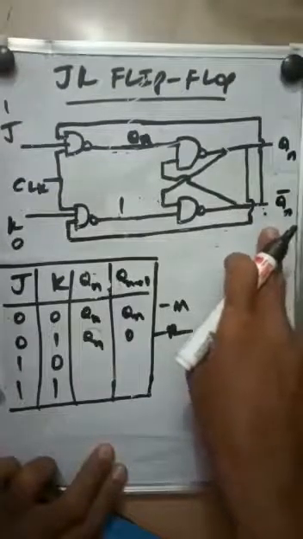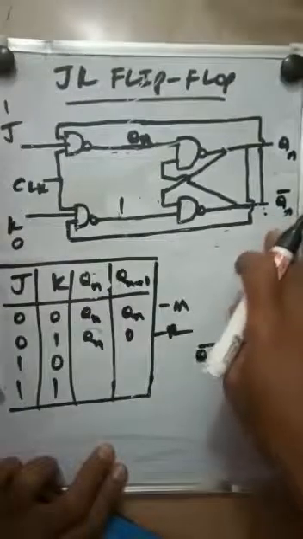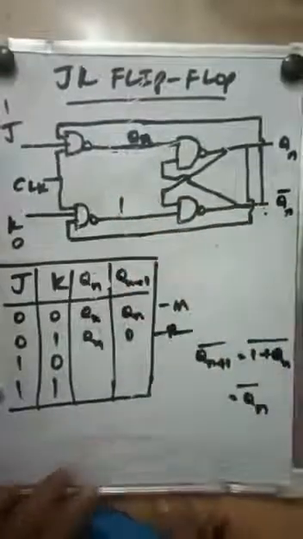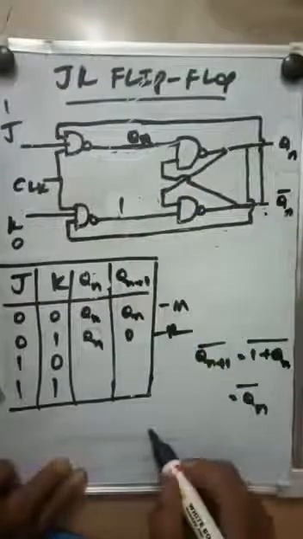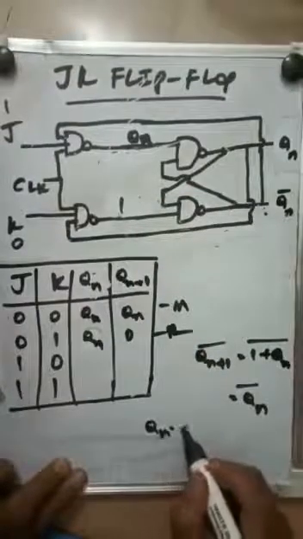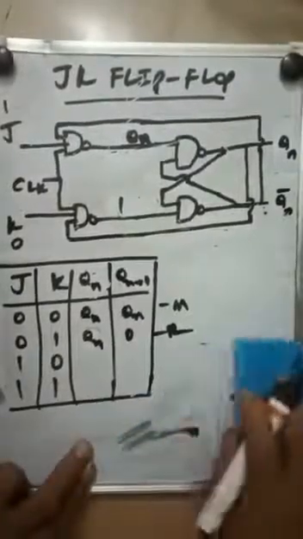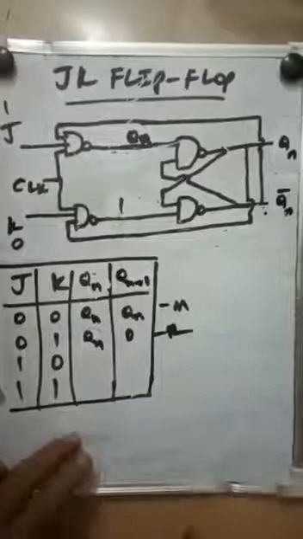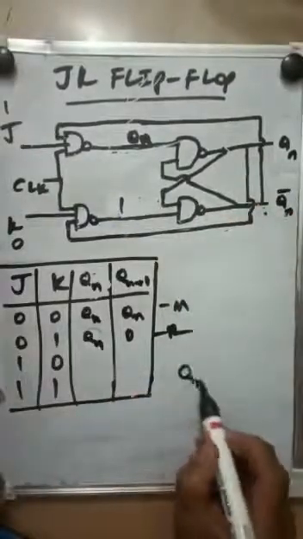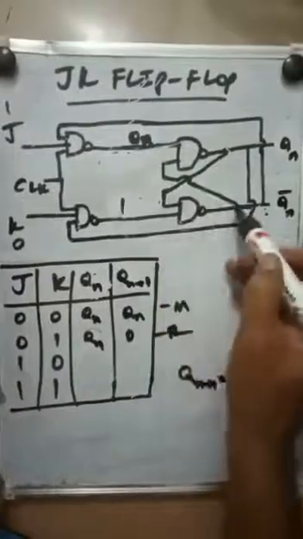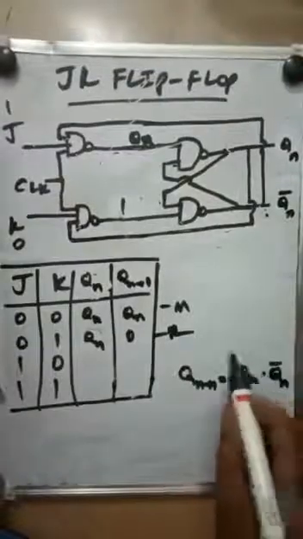Then what is the value of this? This is equal to qn. That means this is qn bar. And coming to this is qn bar plus qn bar plus qn bar. This is qn bar, and coming to this qn plus 1 state, qn bar whole bar, right?